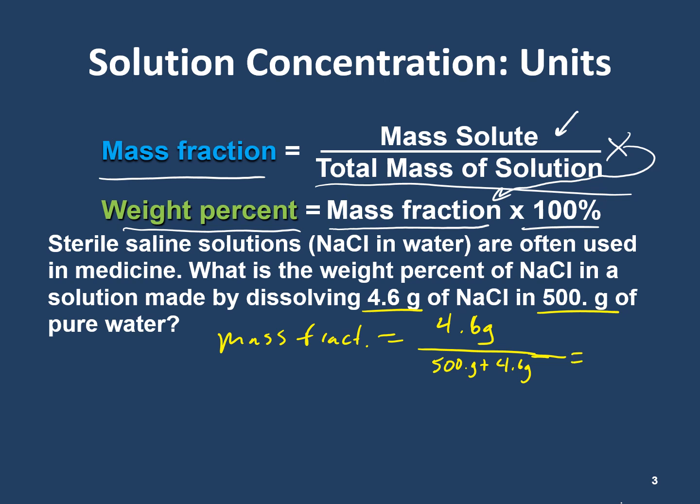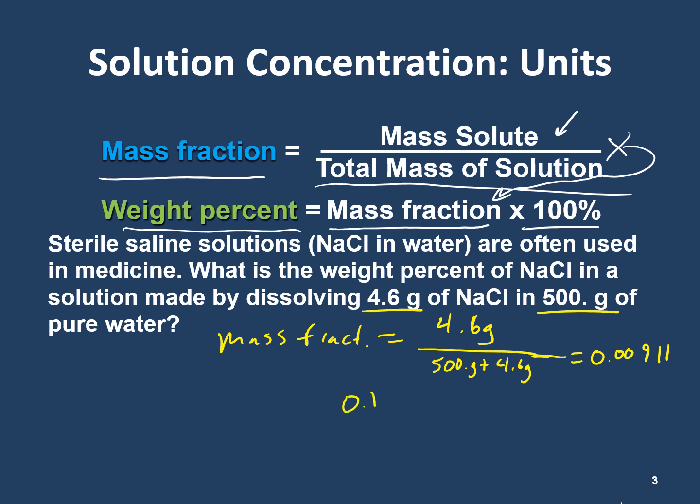This will give us our mass fraction for the solution, which is approximately 0.00911. There are no units for mass fractions. So now to get mass percent, I just multiply that number by 100.